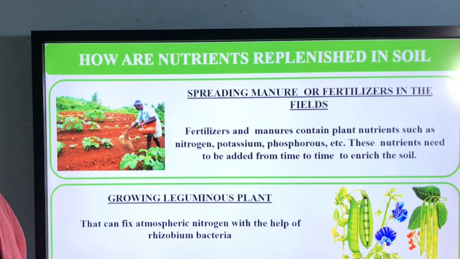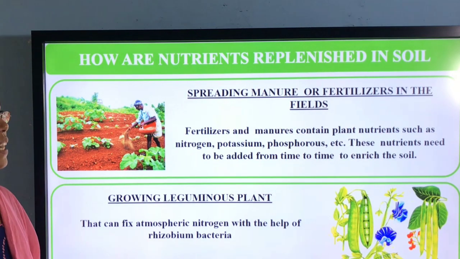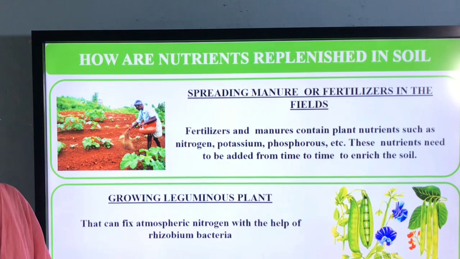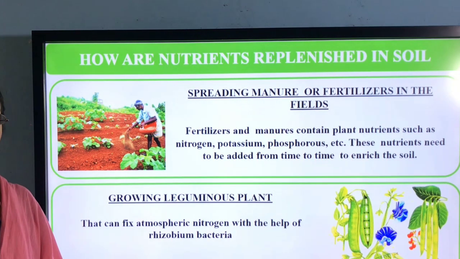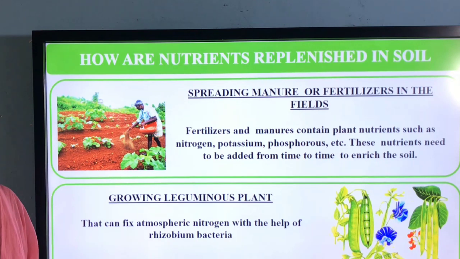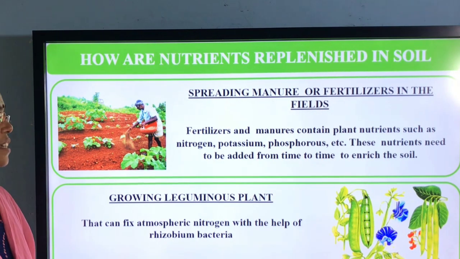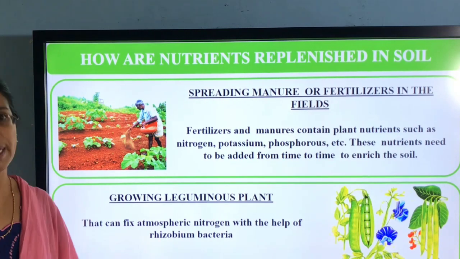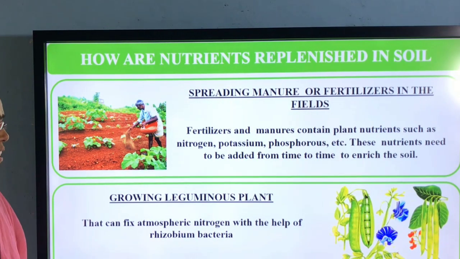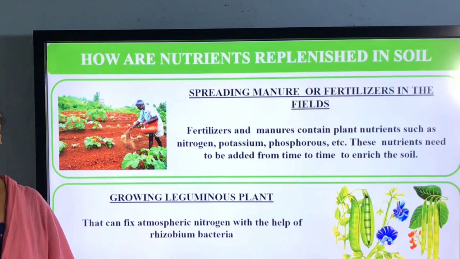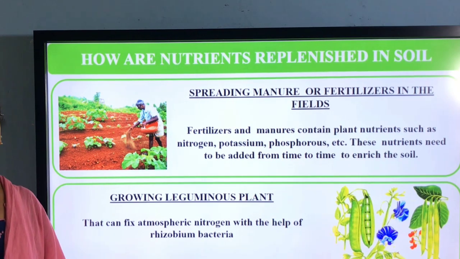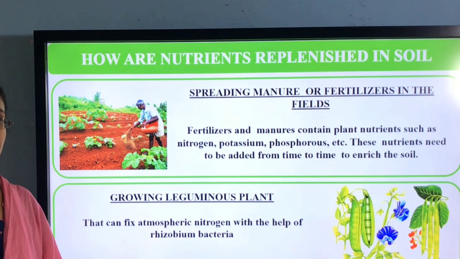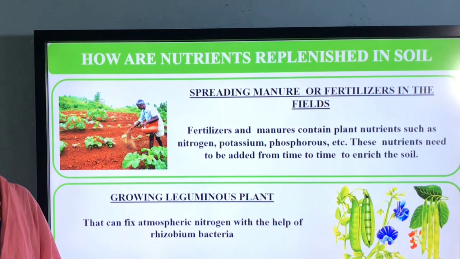The first method is spreading manure or fertilizer in the field. So from time to time we can spray the manure or fertilizer in the field to enrich the nutrient content such as nitrogen, potassium and phosphorus. The next method is growing leguminous plants. You know that leguminous plants contain root nodules, in which Rhizobium bacteria is there.